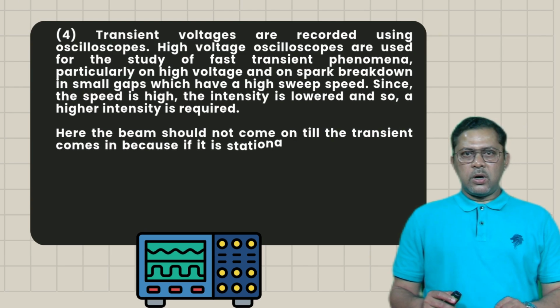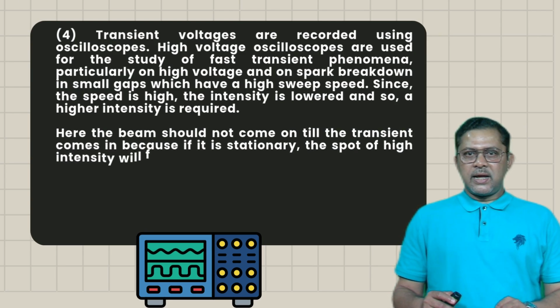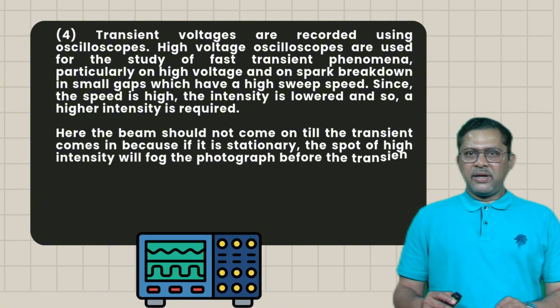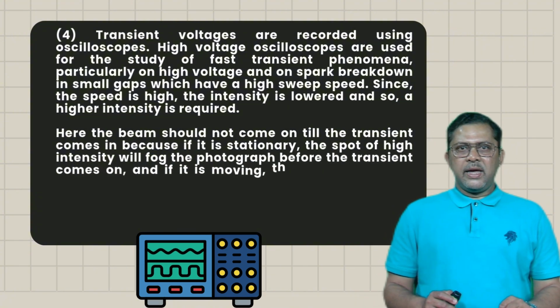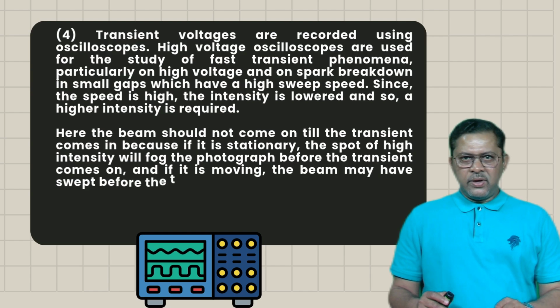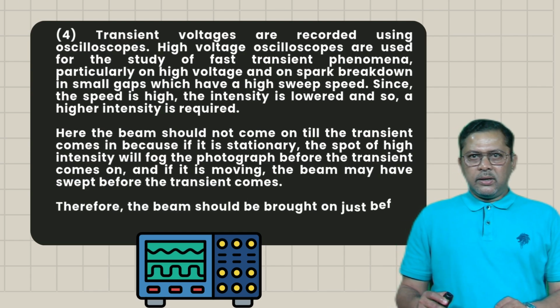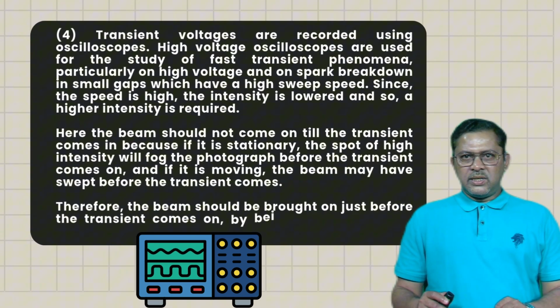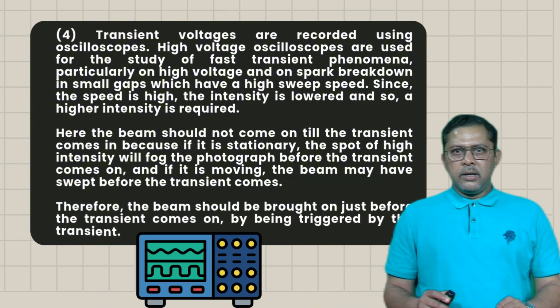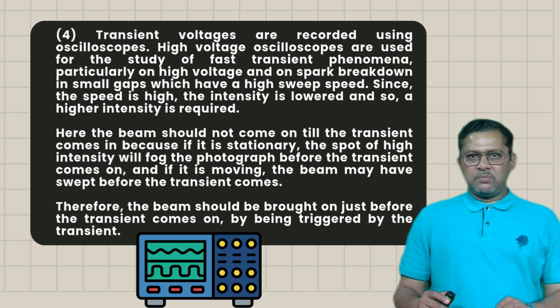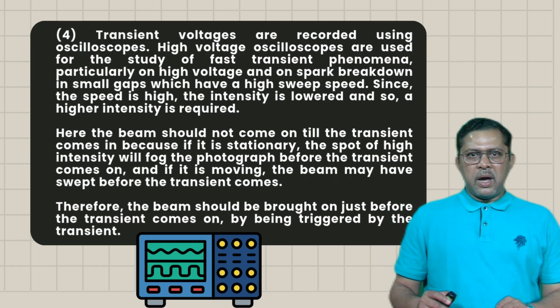Here, the beam should not come on till the transient comes in, because if it is stationary, the spot of high intensity will fog the photograph before the transient comes on, and if it is moving, the beam may have swept before the transient comes. Therefore, the beam should be brought on just before the transient comes on by being triggered by the transient.